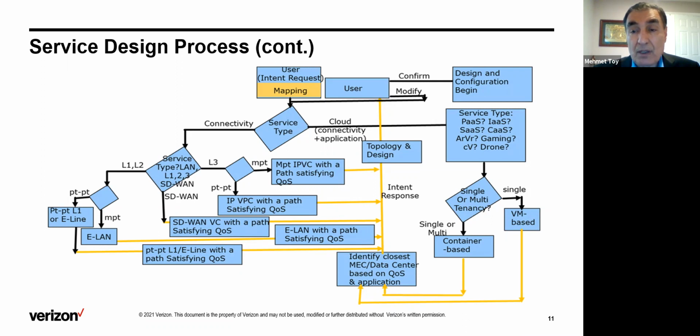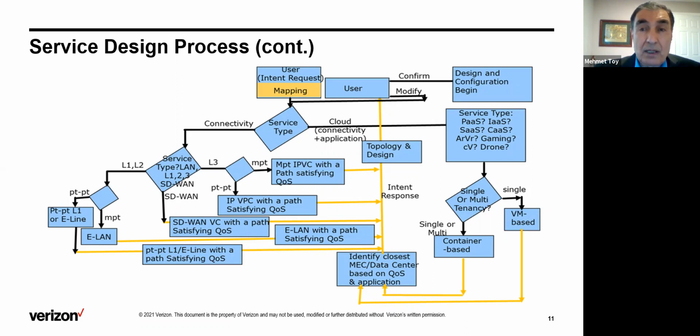But at the end, in order to satisfy the QoS, I have to determine the location of the application, and I choose whether it will be one of my data centers or one of the MAC locations close to the customers. So I tie the connectivity and application components together, describe them in a service topology and design details, and pass it to the user.